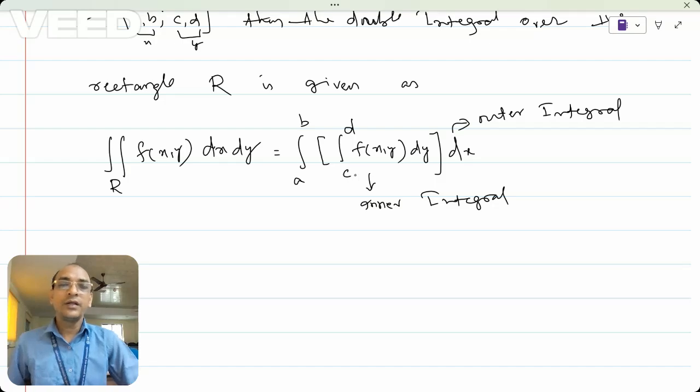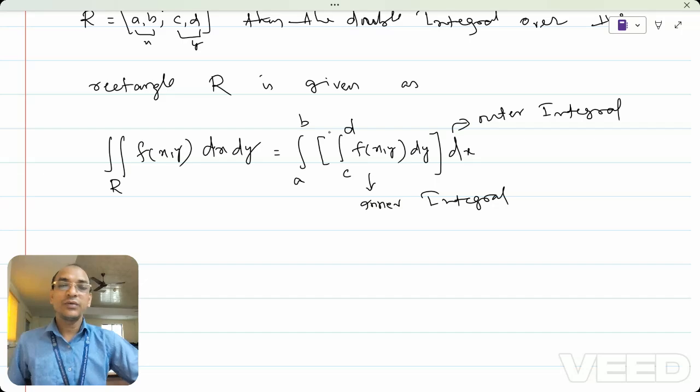So here the inner integral is integration over c to d of f of x,y dy, and the outer integral is with respect to x. So first we evaluate the inner integral. We put the limits of y, and whatever we get, we integrate with respect to x, and then we put the limits of x.